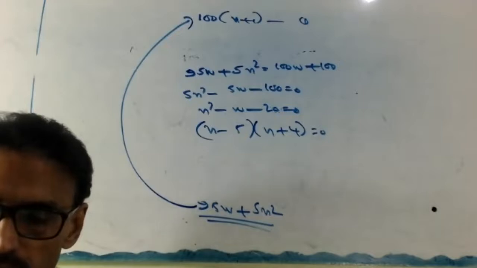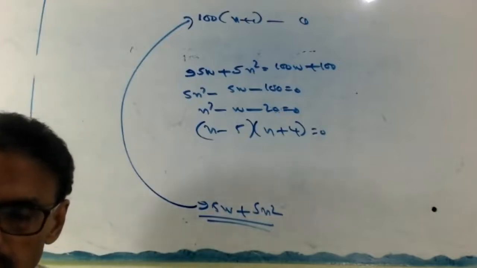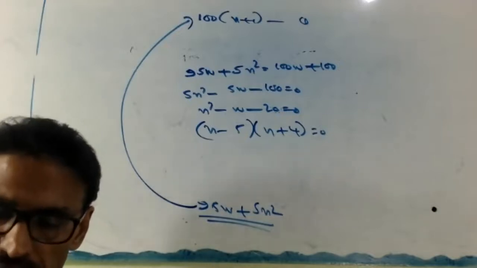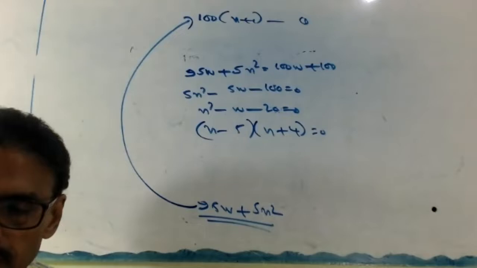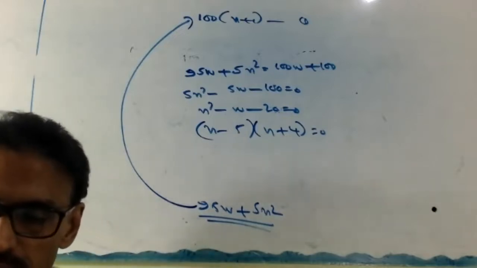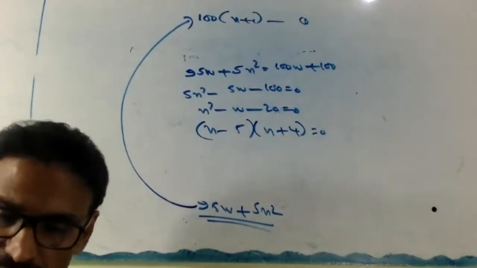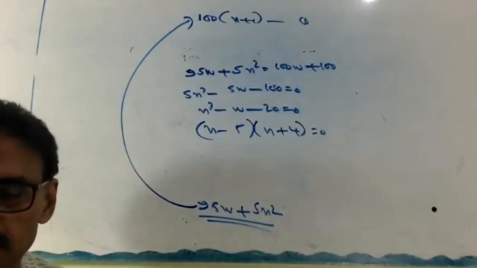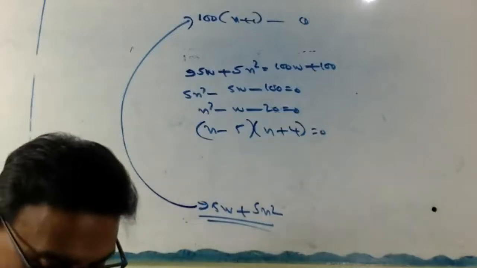Okay, next 12 months. Yeah, 450 first, then 470, like that. First month 450, next month 470, like that, 12 months she saved.